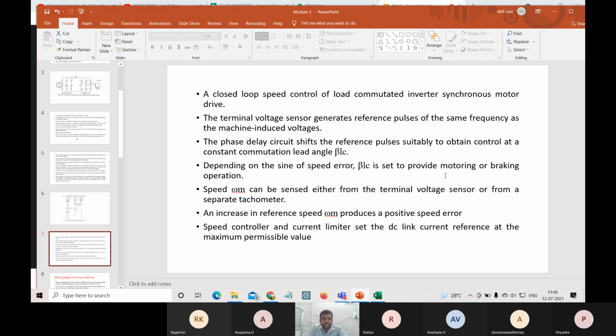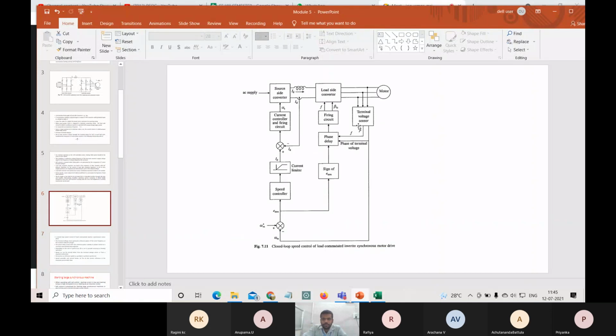The speed omega m is the angular speed. This can be sensed either from the terminal voltage sensor or from a separate tachometer. Here I have mentioned the error on omega m. This omega m can be measured using the terminal voltage sensor, or else you can place a tachometer to measure the speed.